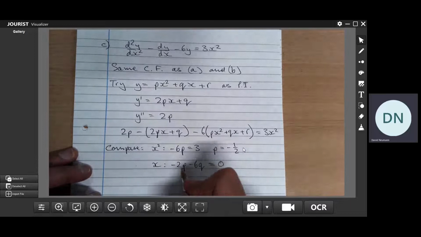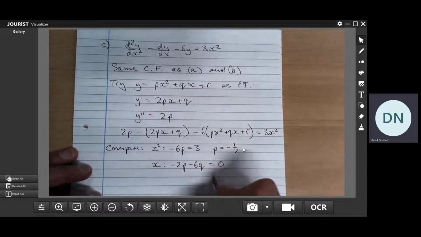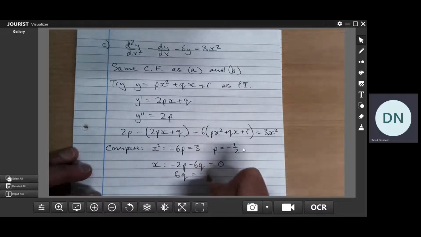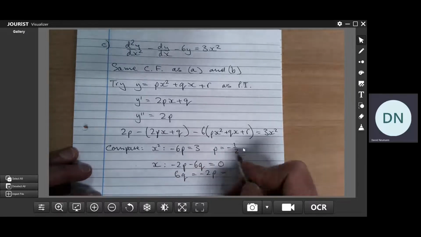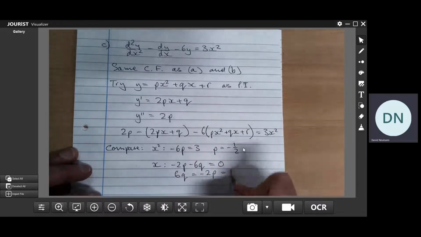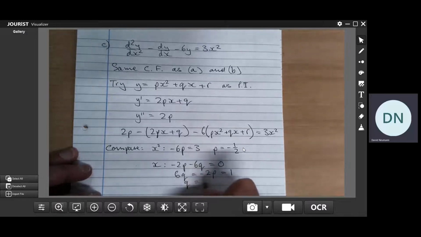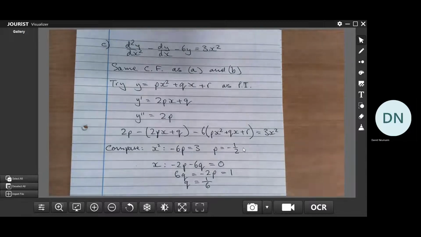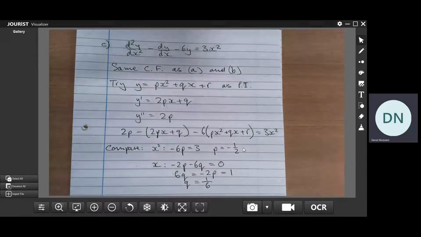We know what p is, so we've now got 6q is equal to minus 2p. Minus 2 times p is 1, so q is equal to 1 over 6. Oh, I got that right. Yep.